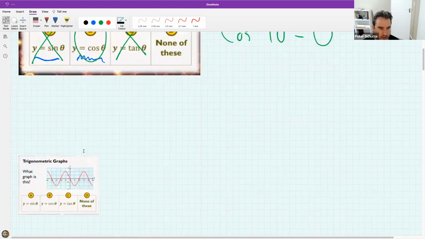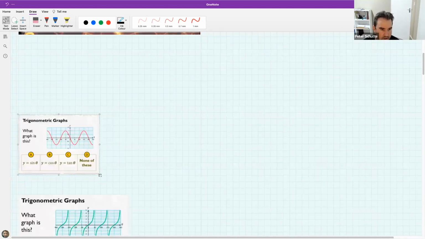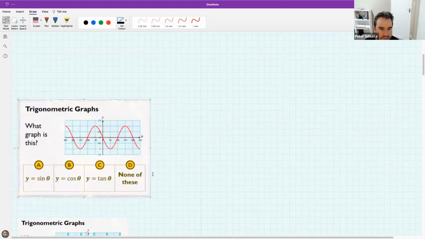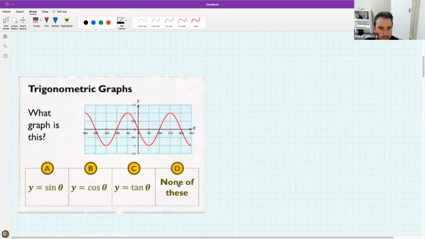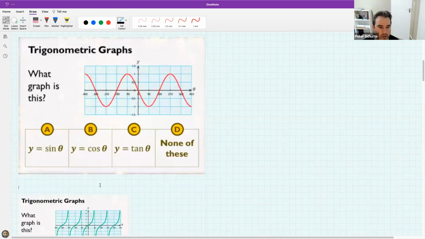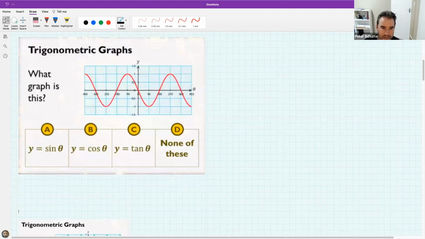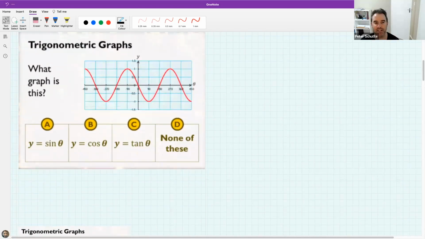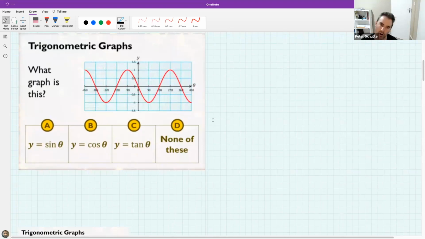Okay, let's have a look at this one over here. What graph is this one? It looks quite similar to the last one.